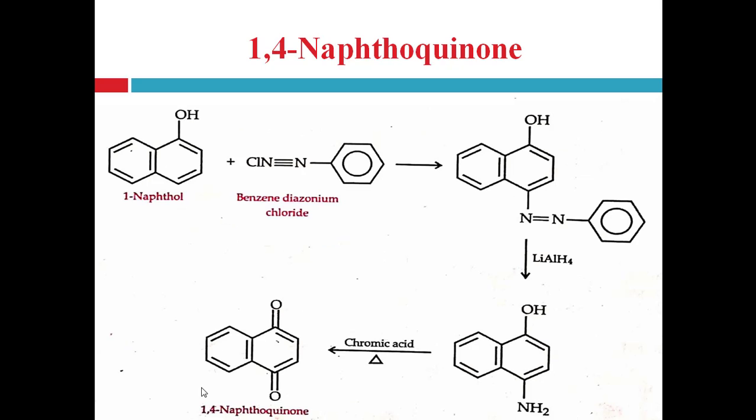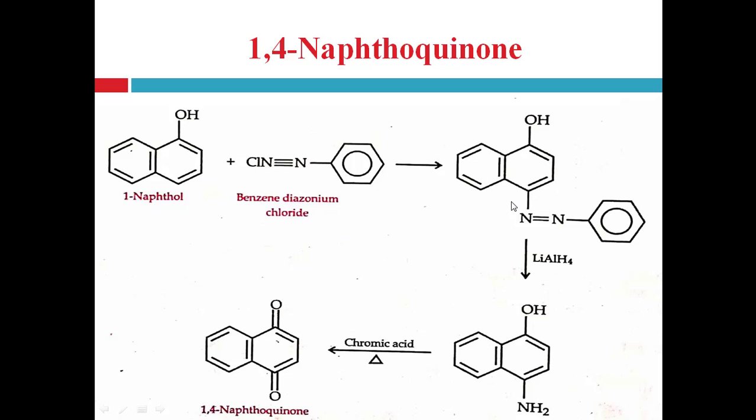Next one is synthesis of 1,4-naphthoquinone. When 1-naphthol reacts with benzene diazonium chloride, it will produce 4-phenylazo-1-naphthol. In 1-naphthol, at the 4th position a phenylazo group is present.